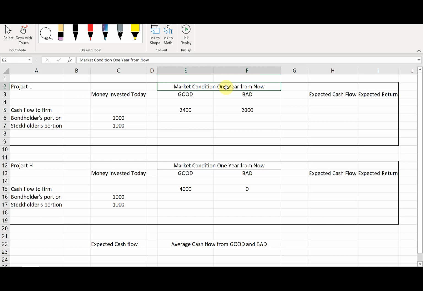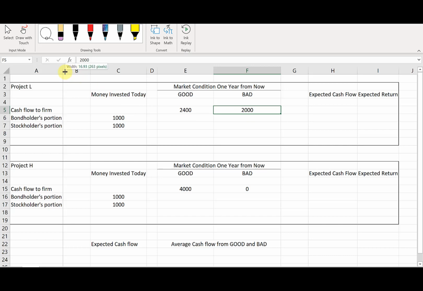If the economy is good, the company will make overall $2,400. If the economy is bad, then the firm will make $2,000. So if the firm pursues this project, they're looking at two scenarios: in scenario good, they make $2,400, and in scenario bad, they make $2,000.